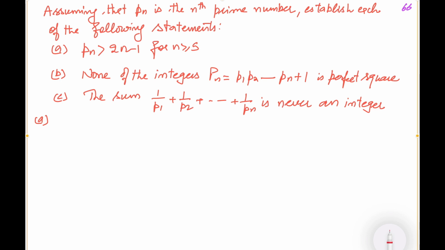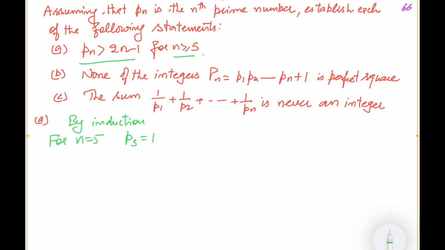Assuming that Pn is the nth prime, establish the following statement: Pn is greater than or equal to 2n minus 1, for n greater than or equal to 5. So we prove this by induction. Given n is greater than or equal to 5, so for case 1, n will start from 5. So we know P5 means the fifth prime. And how much is that?